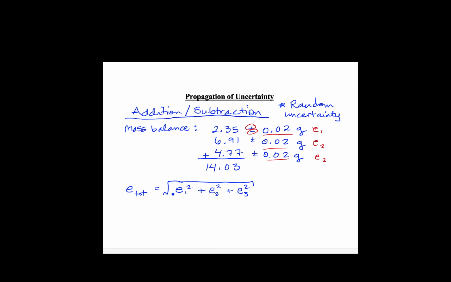So let's go ahead and calculate this. If you want, you can pause the video and then do it yourself. We're just going to plug in these 0.02s. Oops, not 0.002.